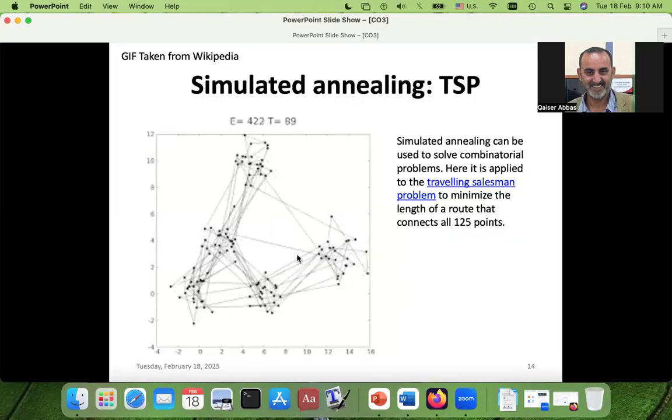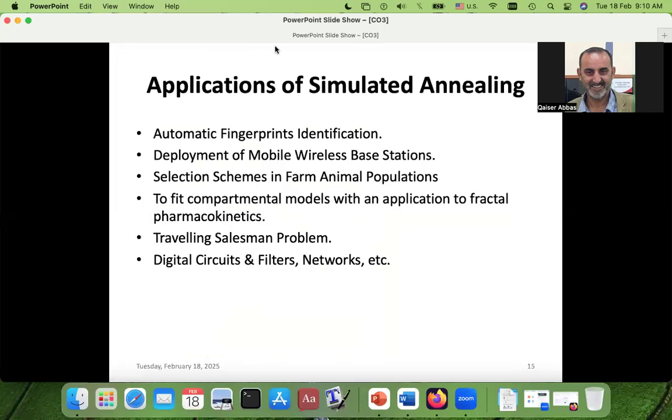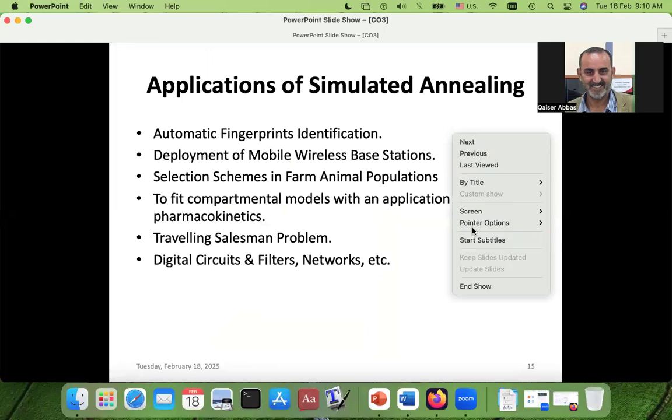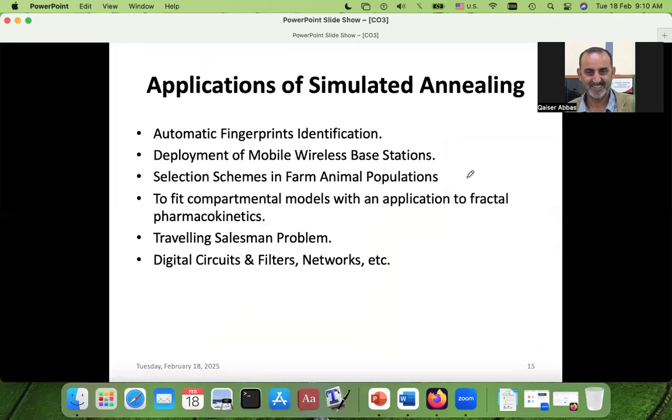Anyhow, now what are the applications of simulated annealing? This is general, so you can say anything. I can use the simulated annealing algorithm for fingerprint identification or for deployment of mobile wireless base stations, the towers. If you want to install mobile towers, which is a kind of base station, somewhere in the hills, then this algorithm will give you the guidance.